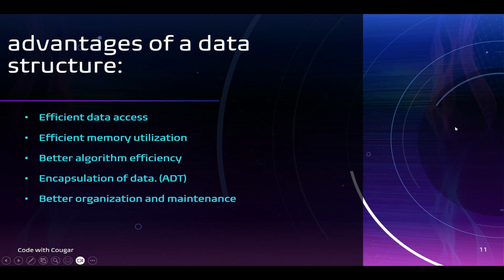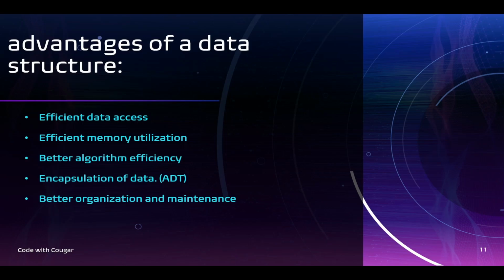So the fifth advantage of data structures is better organization and maintenance, as they allow us to organize and maintain our data more efficiently, which can reduce program complexity and improve maintainability. For example, using a tree, we can represent hierarchical data and make the program more organized and easier to maintain. So these advantages make data structures an essential tool in computer science and software engineering.